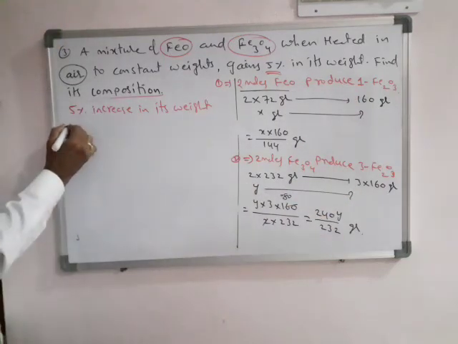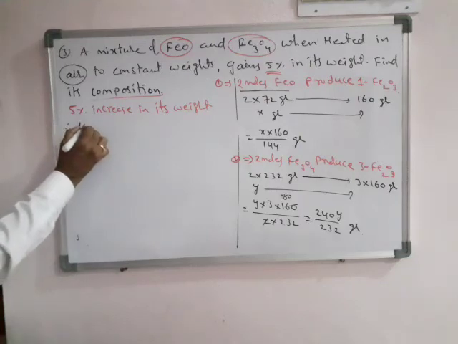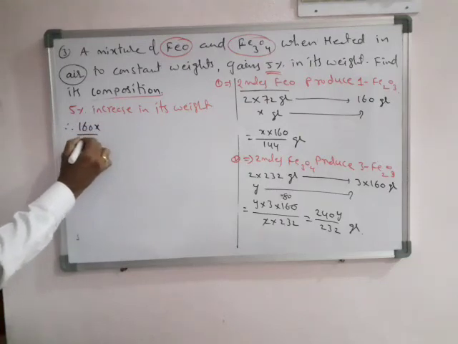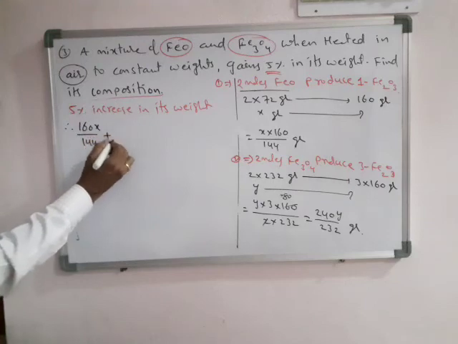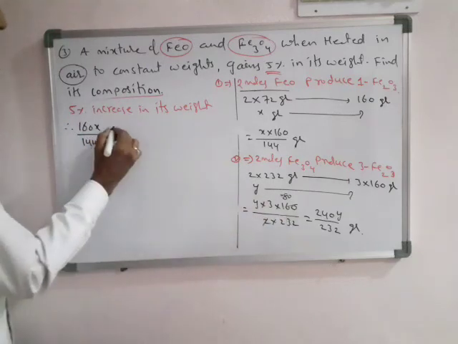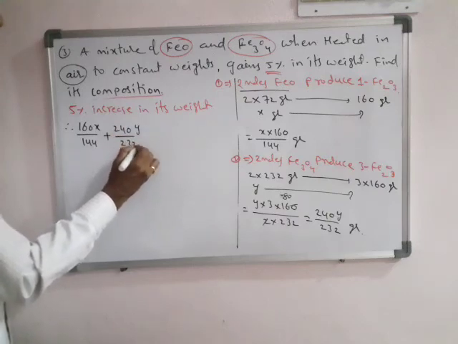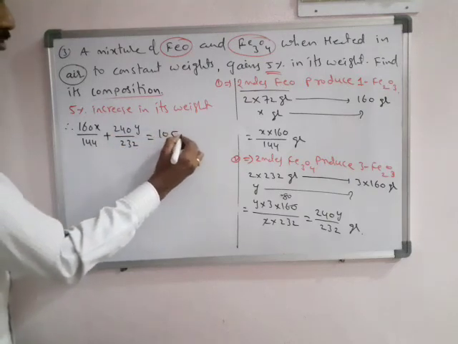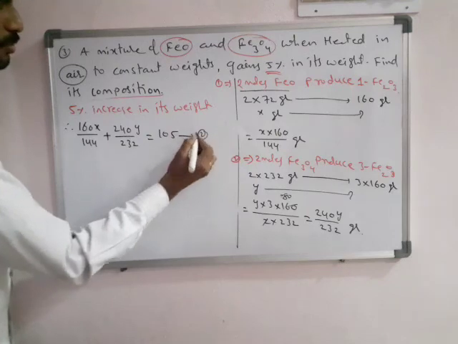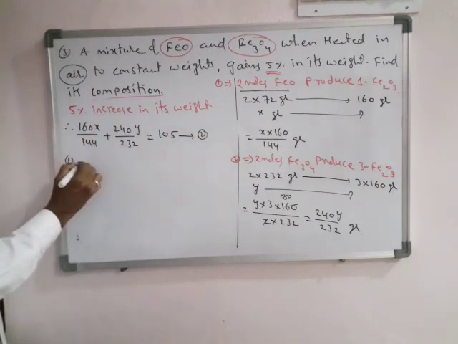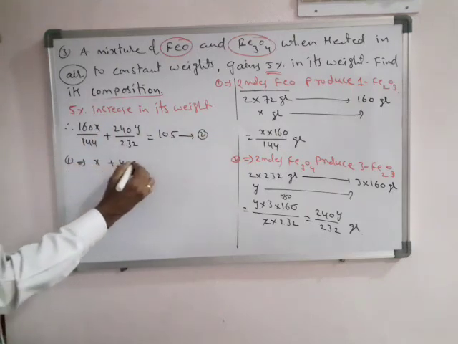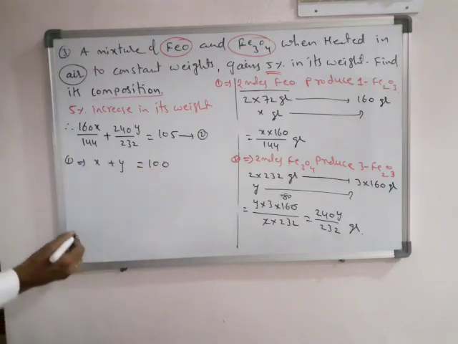So therefore now we can write 160x by 144 plus 240y by 232 is equal to 105. So it is equation 2. Already we know equation 1, that is x plus y is equal to 100 grams.